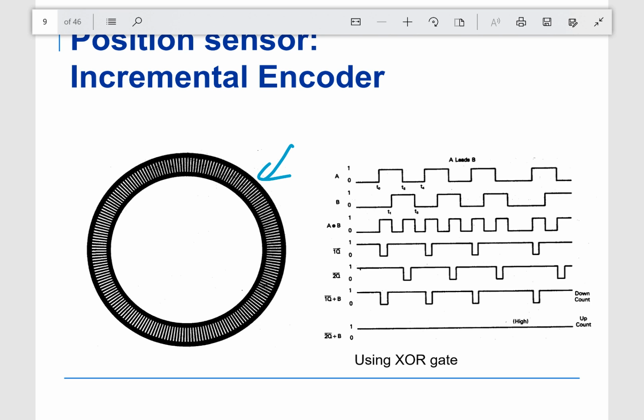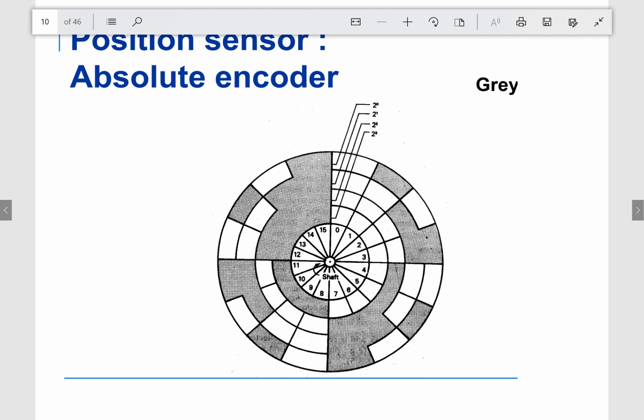This is the gray code encoder. This is the more common type of position control, though not used very often anymore. It used to be a very common way of measuring position. Now you either use a potentiometer or you simply keep track with a stepper motor of how many steps you make, and you calibrate it every so often.